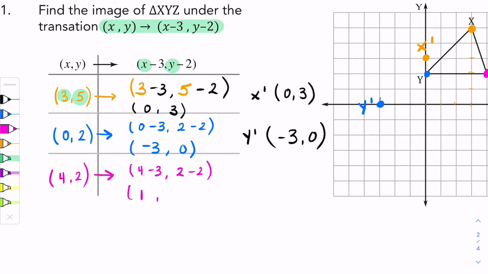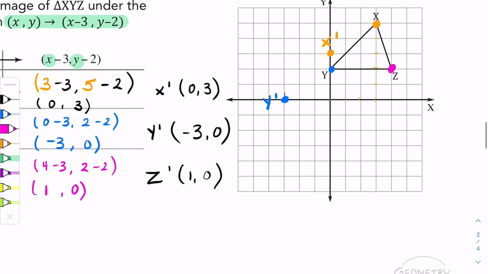And 2 minus 2 is 0. So our new z coordinate is at 1, comma 0. I'm going to come over to my graph and I'm going to plot my new z prime point at 1, comma 0. We could have just shifted this 3 units and down 2 units.